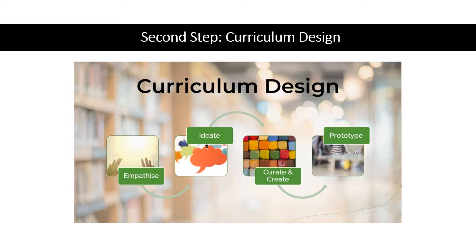The second step is curriculum design, the process of meaningfully constructing and interconnecting the components of the curriculum to address such fundamental questions as what needs to be learned and how and why, the resources required and how learning will be assessed.